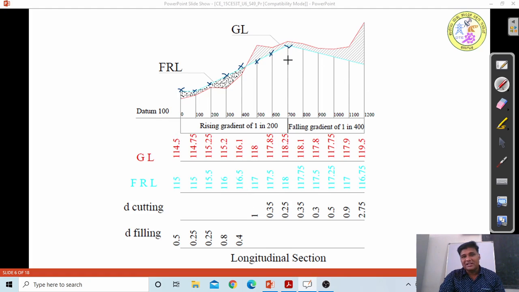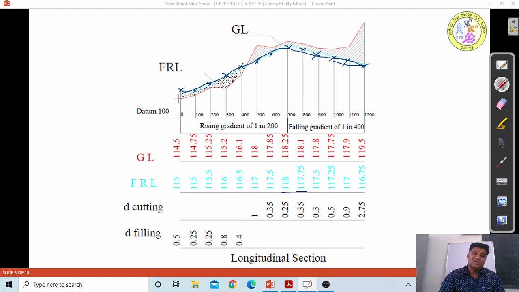And again here the formation level is dropping, because the level here is 118 and here is 117.75. So 0.25 meter drop, 117.5, 117.25, 117 and finally 116.25. After this, join all these points to get the formation level. So this was the ground level and this is the road formation level, that is the final level of the road.